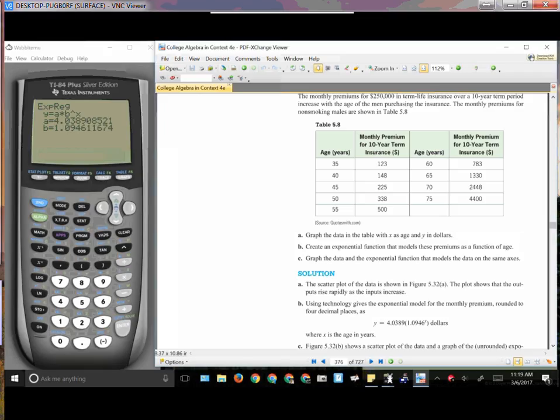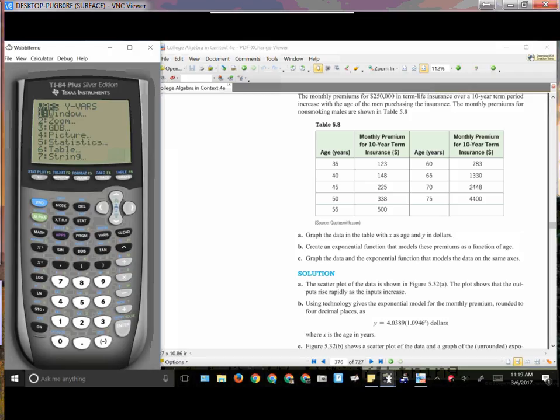So if we hit the vars key, then we go down to number 5, statistics, and then we hit over to EQ, and where it says reg EQ, press enter.